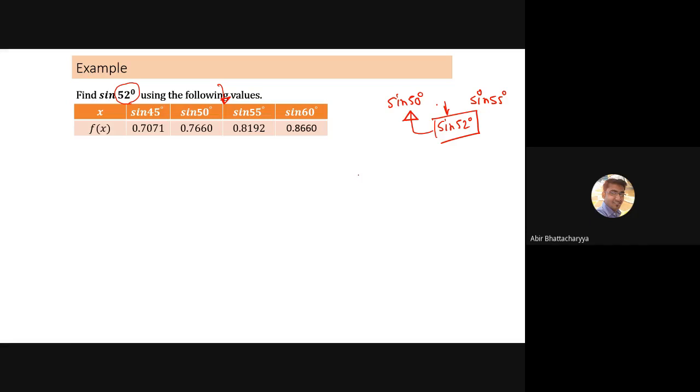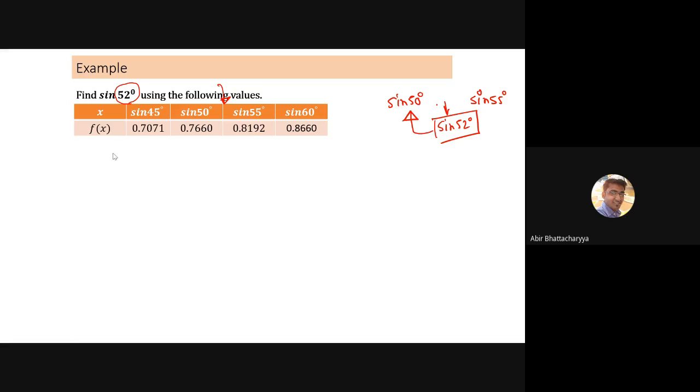The difference is only 2 degrees on the left side and 3 degrees on the right side. That means it is somewhat biased toward the forward side. That's why we will apply Newton's forward interpolation.